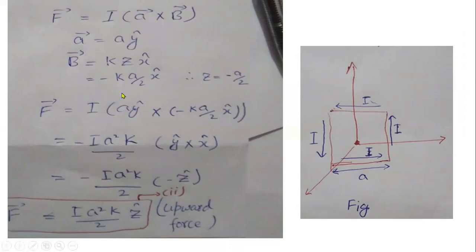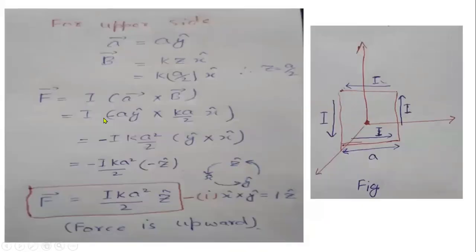And so we can say that a is equal to minus a ŷ. And B is equal to k a/2 x̂, because in the problem it is given kz x̂, and z is the z coordinate of this upper side.